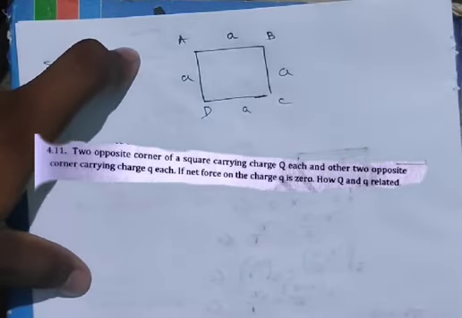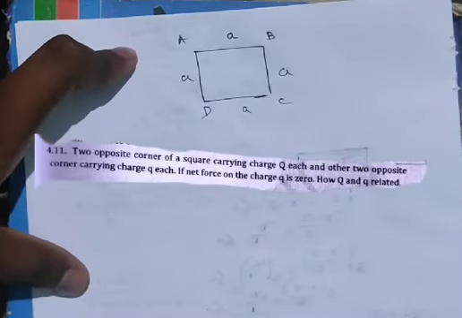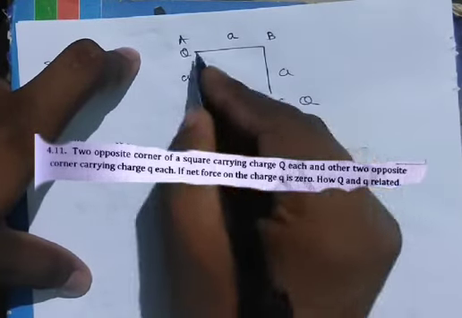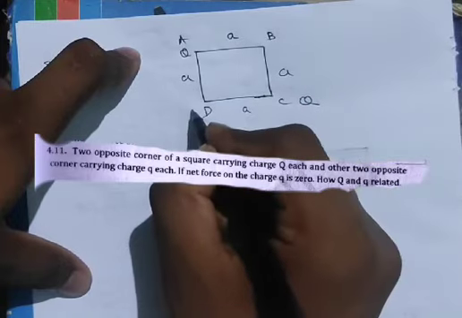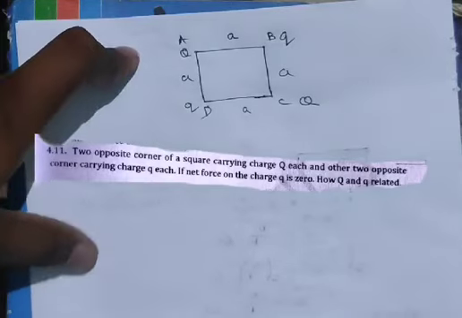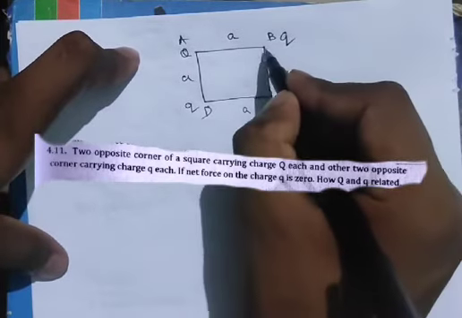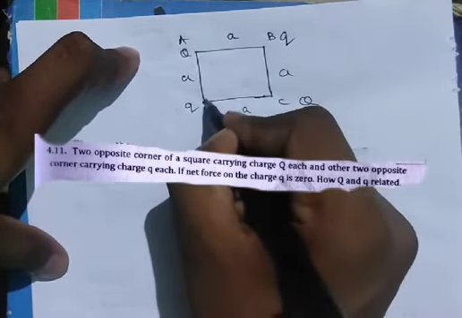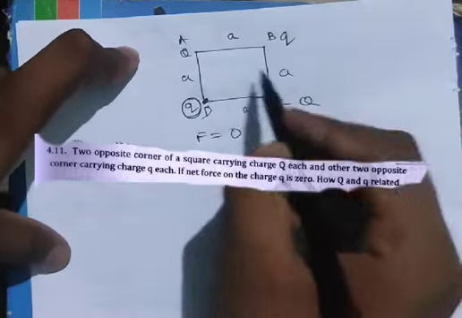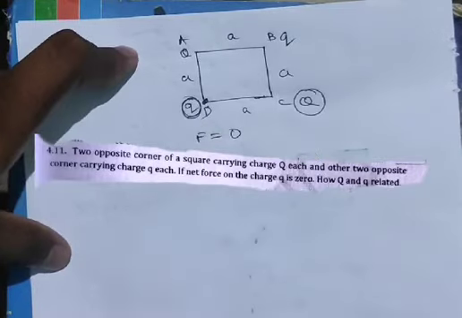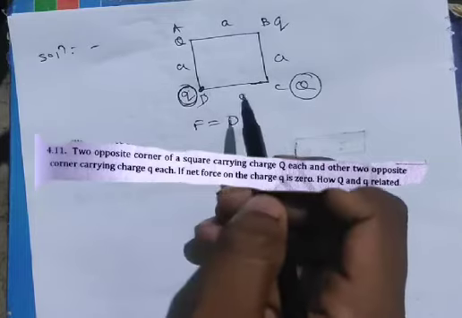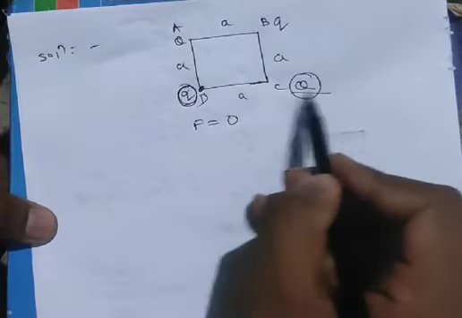There are 4 charges placed at the corners of the square: two charges plus Q and plus Q are situated at opposite corners, and the other two charges, small q and small q, are situated at B and D. In the question it is also given that the net force on the charge q is 0. Then find the relation between capital Q and small q. So let's find the net force on this q, then we can find the relation between capital Q and small q.